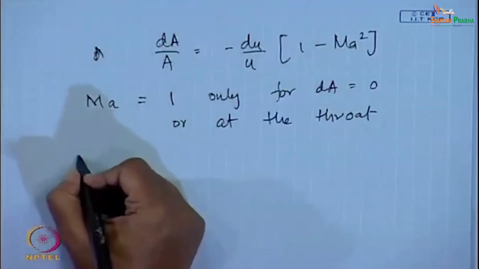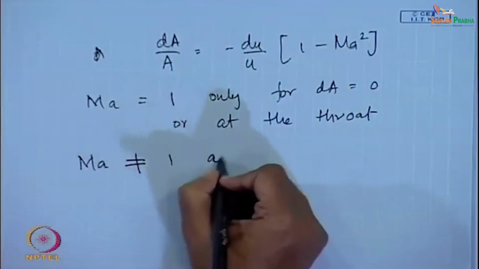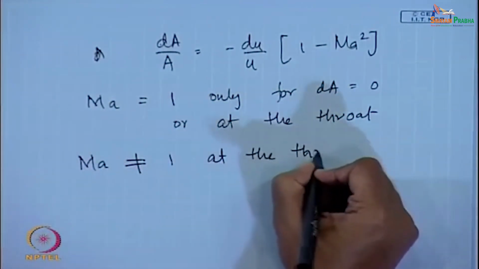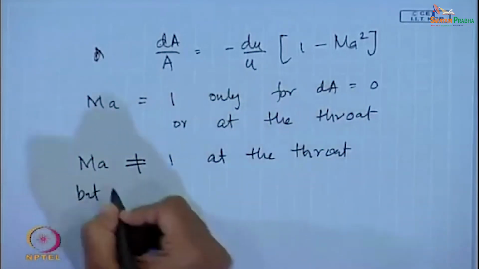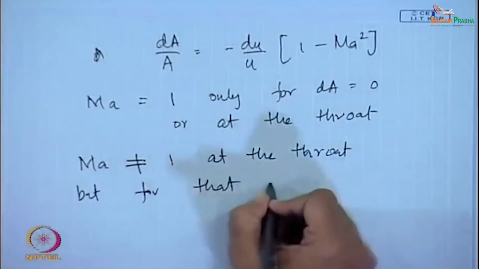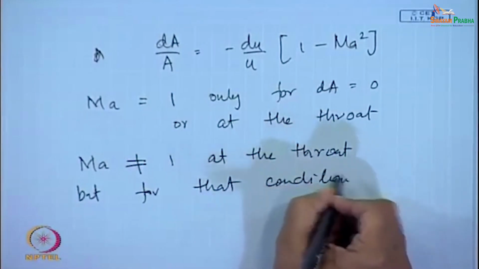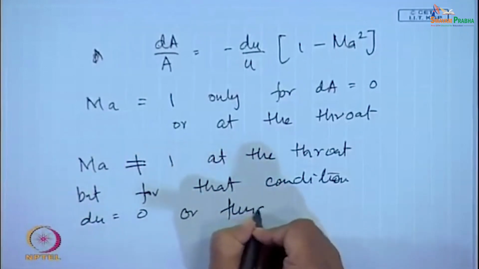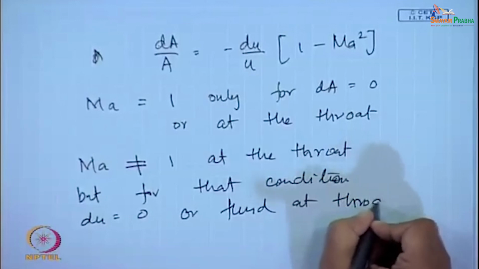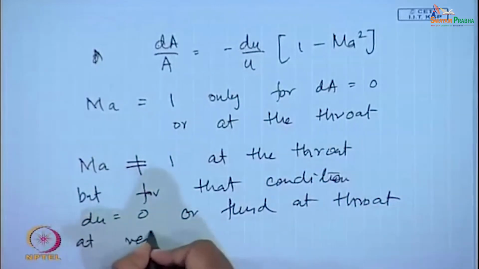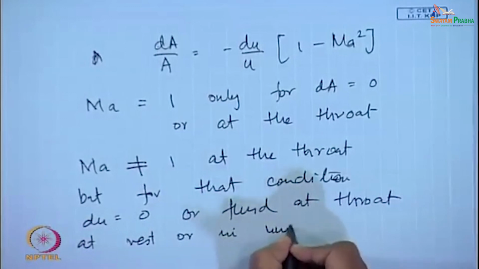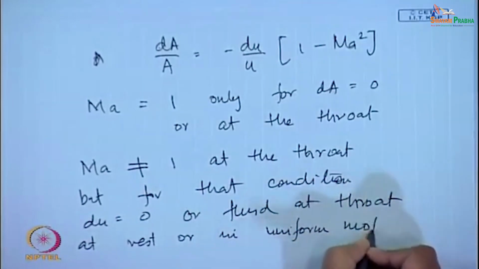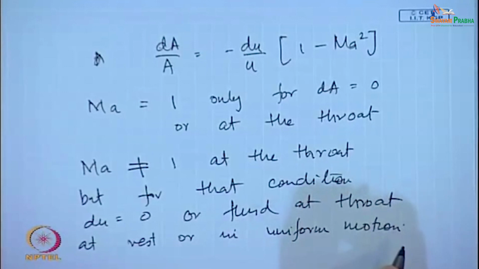So, Mach number might not be equal to 1 at the throat, but for that condition du equals 0, the fluid at the throat has to be at rest or in uniform motion; it cannot accelerate at the throat. Do you get this point? This point is extremely important.